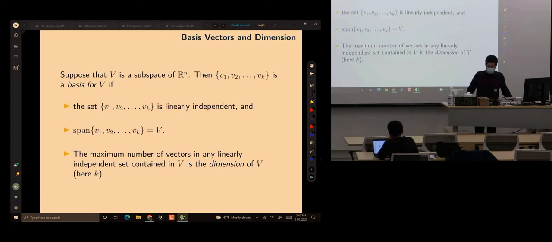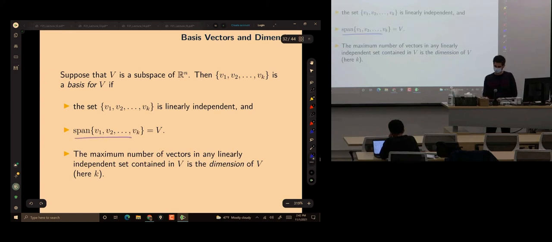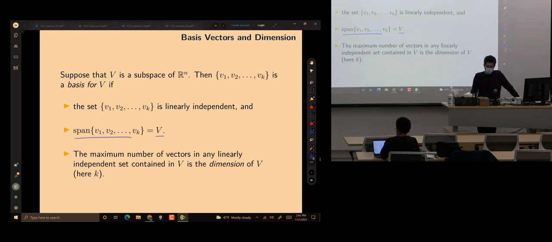Another advanced concept that you learned was basis. We give you a set of vectors, right? The subspace. A set of linearly independent vectors, and then you get the span of them. You can make a subspace V. The maximum number of vectors that are linearly independent in this set that you have is the dimension of this subspace, which is K here. And each of these vectors would form a basis for you. And we talked about coordinates.